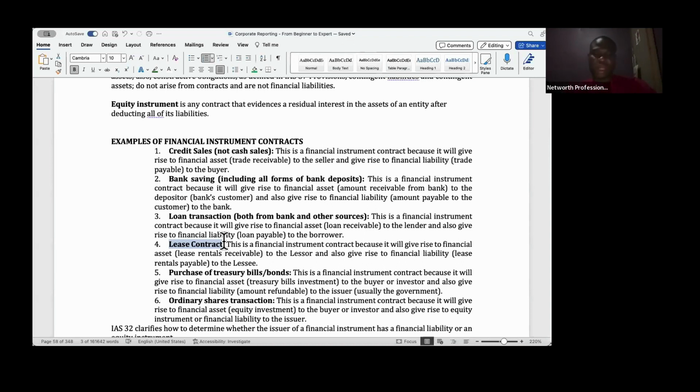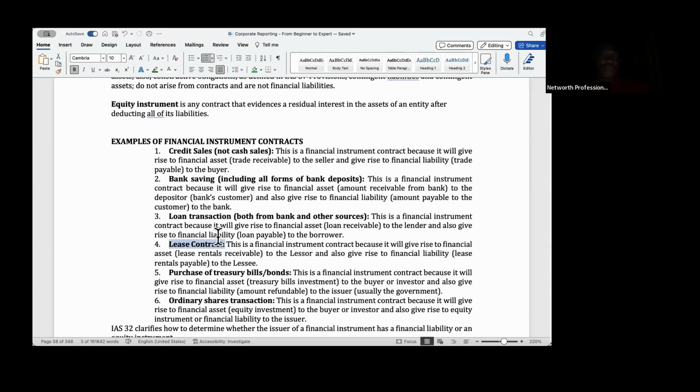And also the government has a financial liability because the government, being the borrower or the issuer, has an obligation to deliver cash. The two sides are complete again. So this is also a financial instrument contract.